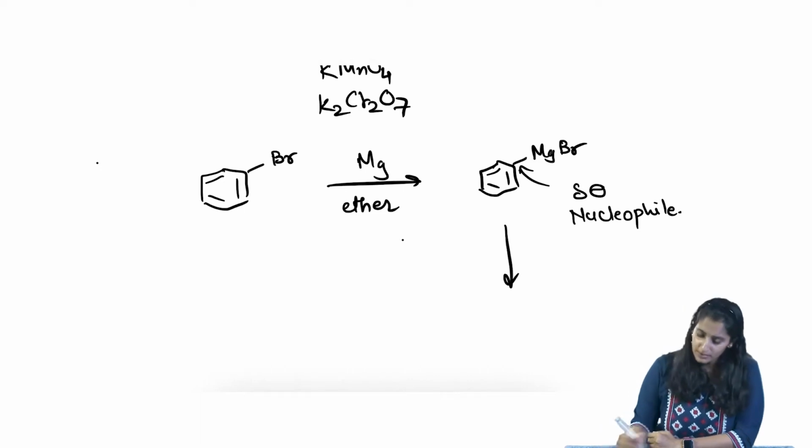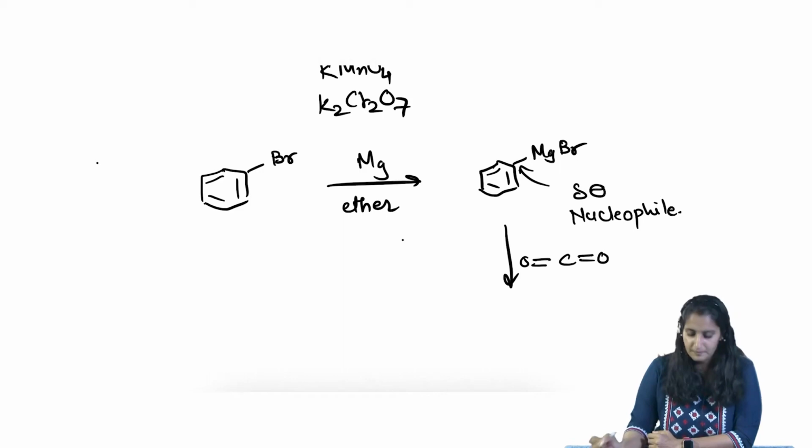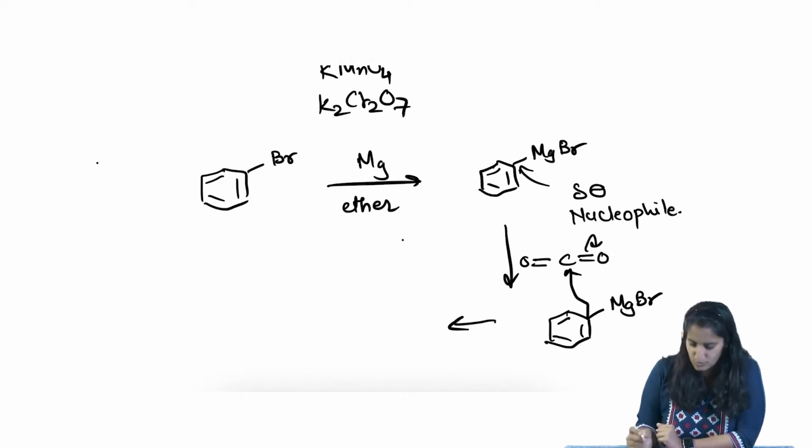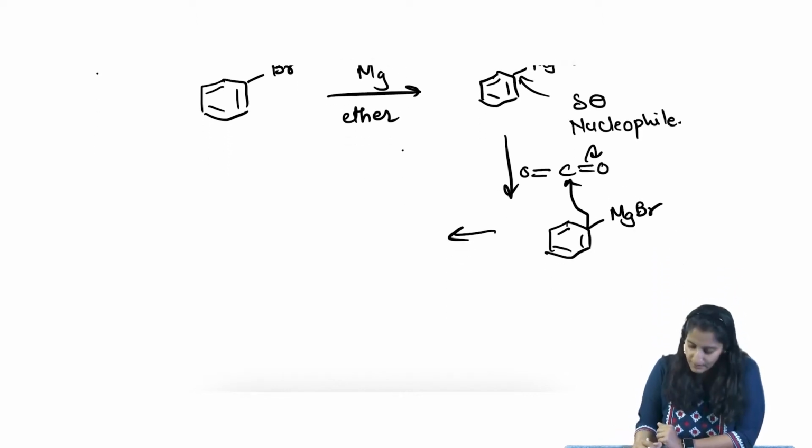Now, this particular nucleophile can react with a molecule like carbon dioxide. Remember, it is a gas. You are going to start with this, attack it here, and open this up. The true mechanism of this is a little different, but this is an easy way to do this particular reaction.